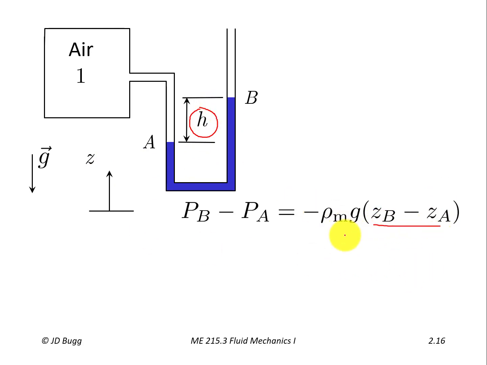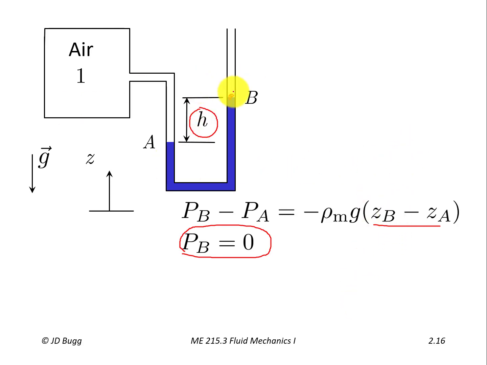Now the other thing we're going to do in the next step here is we're going to set P_B equal to 0. So I'm saying the pressure at this point is 0. What that means is that the P_A that I get out of this is going to be a gauge pressure. And a gauge pressure is a pressure measured relative to the local atmospheric pressure.